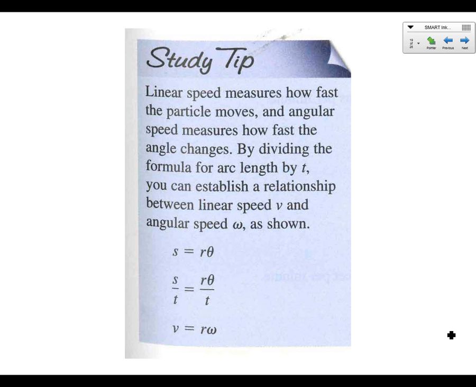All right, so we've got a couple different formulas here. And so v, which is our linear speed, we can figure out as r omega, the radius times omega. Another very handy formula here is r theta over t, which is right up here. We might want to use that one as well.